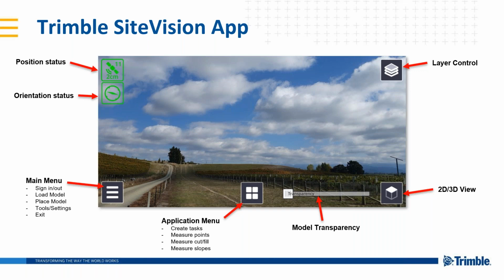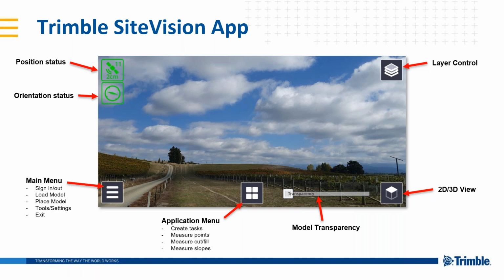It uses the sequential GNSS positions to give the system a very good orientation, and that feeds the orientation into the AR of the Android device. And from there, the system is ready to visualize the various data sets on site. So the first thing to do is to get the position status and the orientation status to green.